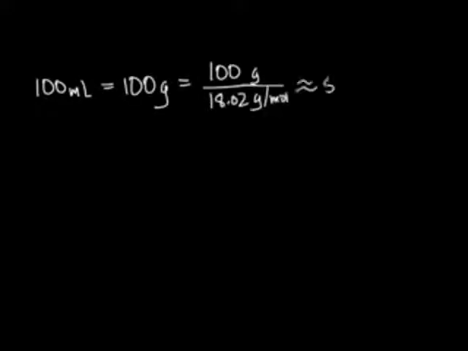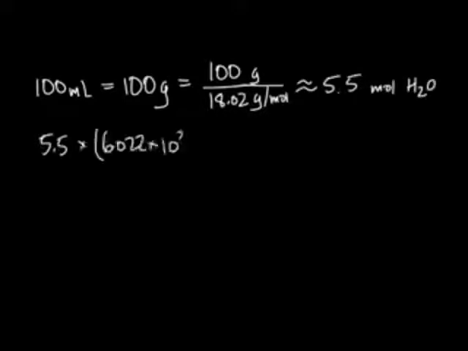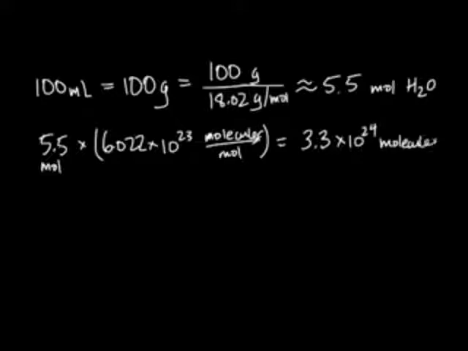So let's see. 100 milliliters of water is 100 grams of water, which is 100 over 18.02, about 5.5 moles of water. That means there are about 3.3 times 10^24 molecules of water in that beaker, and only 10^6 molecules of each reactant.